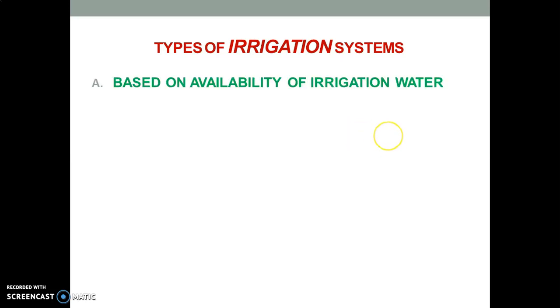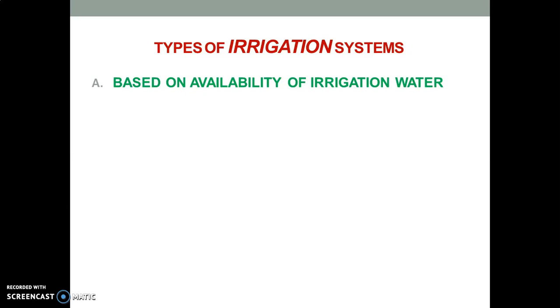So let's start. Now, different types of irrigation system. We can plan different types of irrigation system based on different parameters. There are many conditions which we require to fulfill to decide on a single irrigation system.